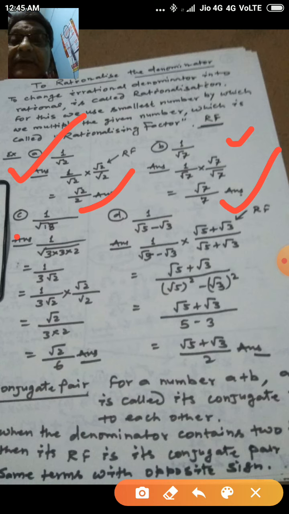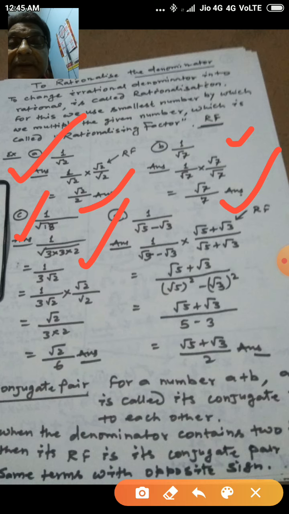The third question is 1 by root 18. Now see students, you may think that like the above two examples we will multiply by root 18 in numerator and denominator. No, actually root 18 is a bigger number, so first of all we will simplify root 18. By breaking root 18 into smaller factors, our question changes and it becomes 1 by 3 root 2.